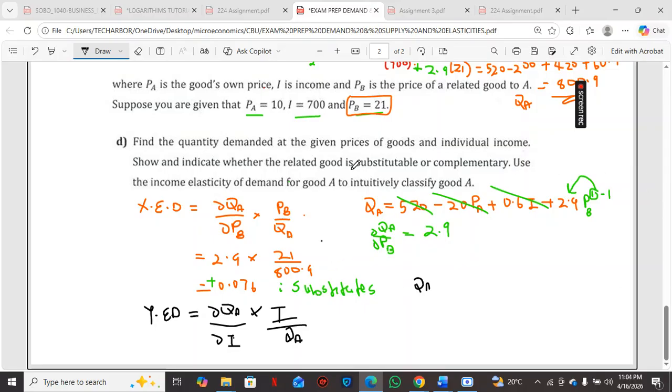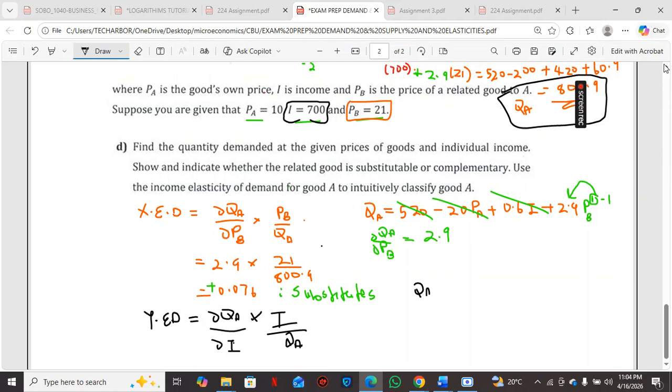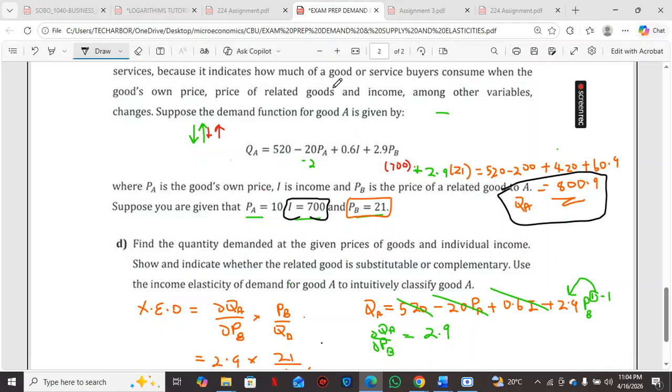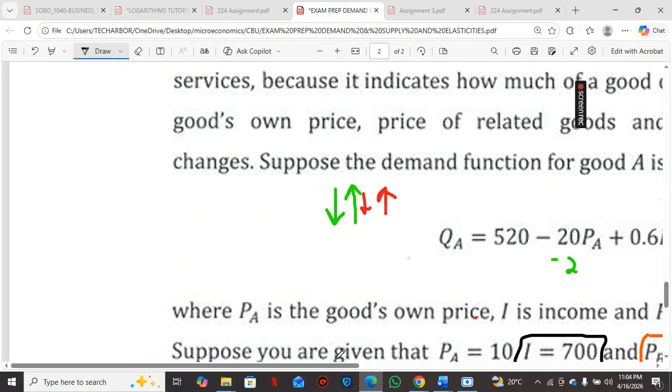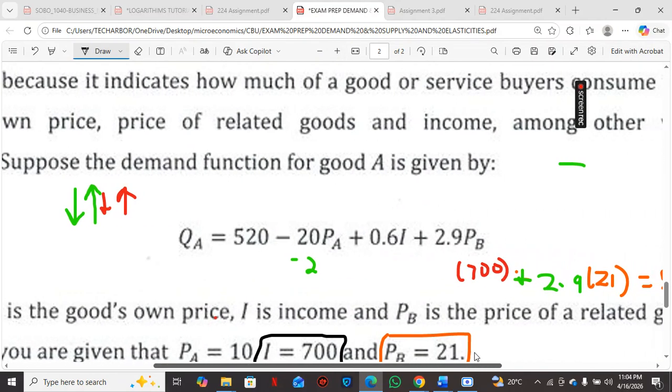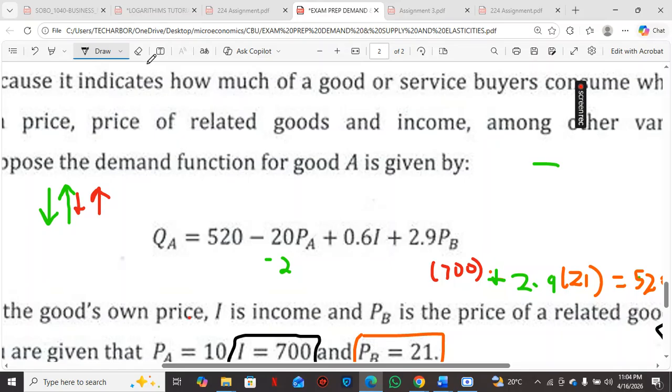So we already have I. I is 700 here. We already have QA. QA is 800.9 here. So we just need to derive. This deriving we're doing here, we're going to be looking at it also in mathematical analysis. But there I want to be doing partial differentiation. So here we have I to the power 1.